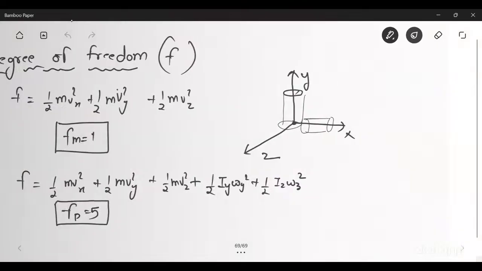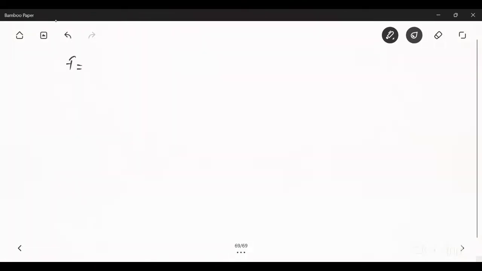Now come to the condition of a polyatomic molecule. A polyatomic molecule can move in three directions, and also it can rotate about the y-axis, the z-axis, and the x-axis. It means it can rotate simultaneously about all three axes.